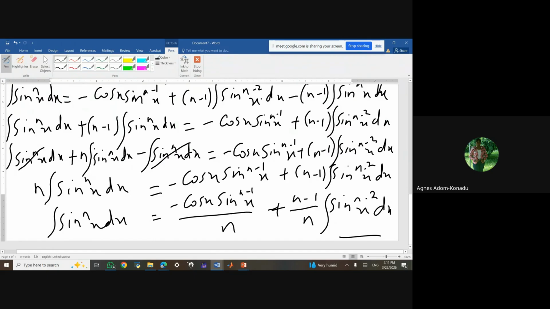And this is the reduction formula for integral sine to the power nx dx. So we have the reduction formula, and we can use this to solve.